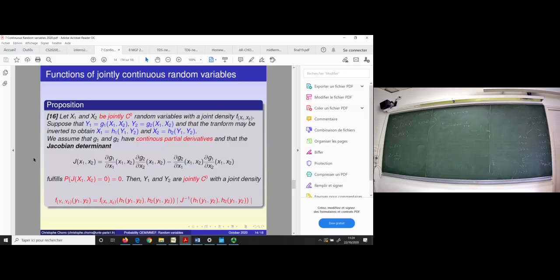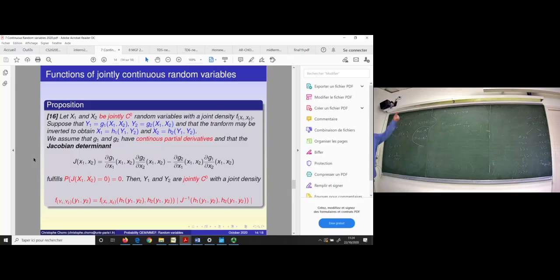When I follow a gamma distribution, I take values that are strictly positive. So I have X of omega in R plus star, and Y of omega in R plus star.